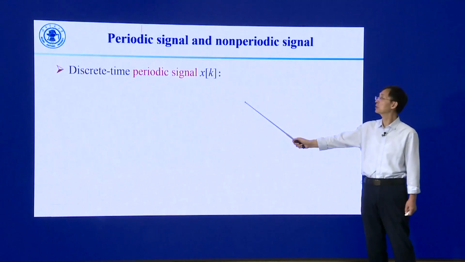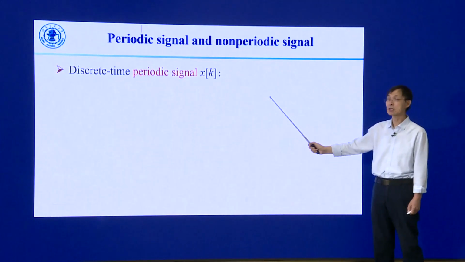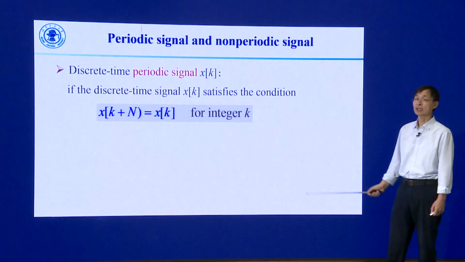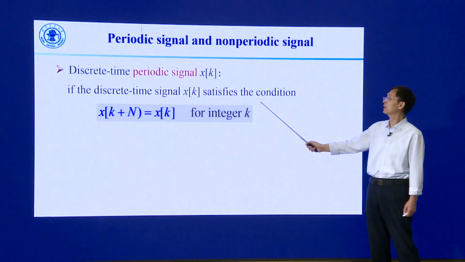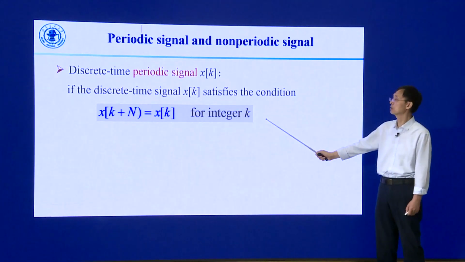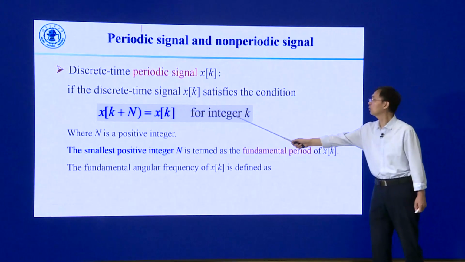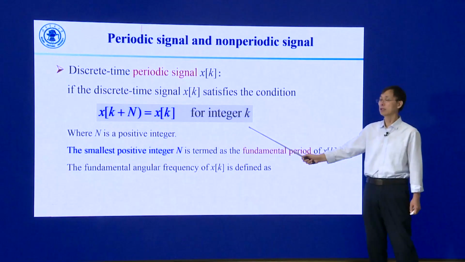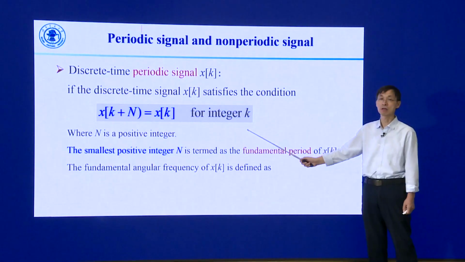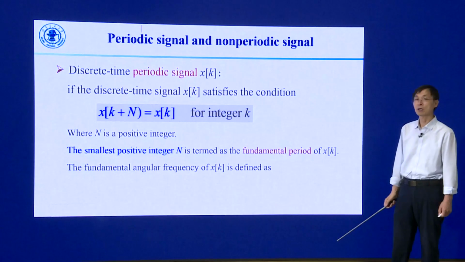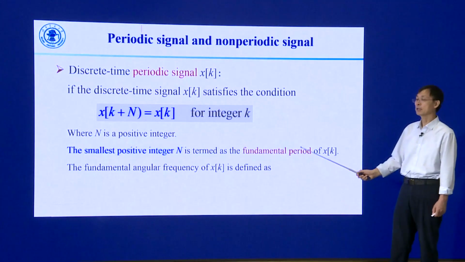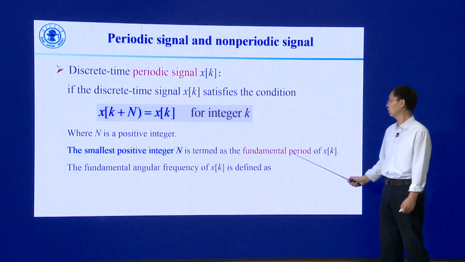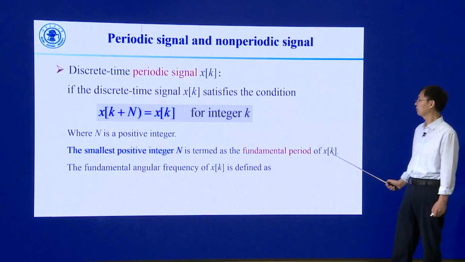For the discrete time periodic signal x of k, if the discrete time signal x of k satisfies the condition x of k equals x of k plus n for all integer k, when n is a positive integer, the smallest positive integer n is termed as the fundamental period of x of k.